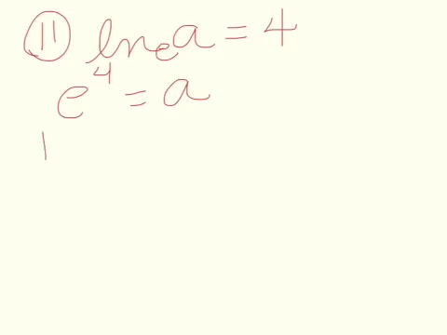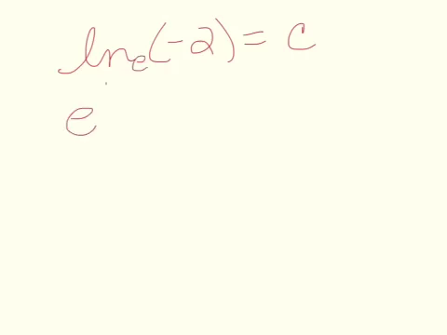Let's see if I can do number 13 here. Oh, sorry. Let's go to another page. The natural log of negative 2 is equal to c. Natural log has an understood base of e. So e to the c equals negative 2.